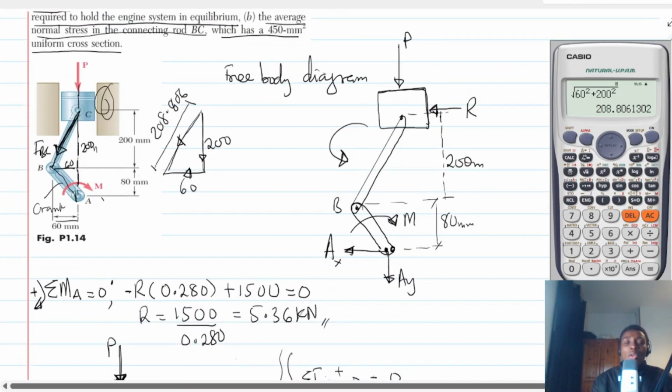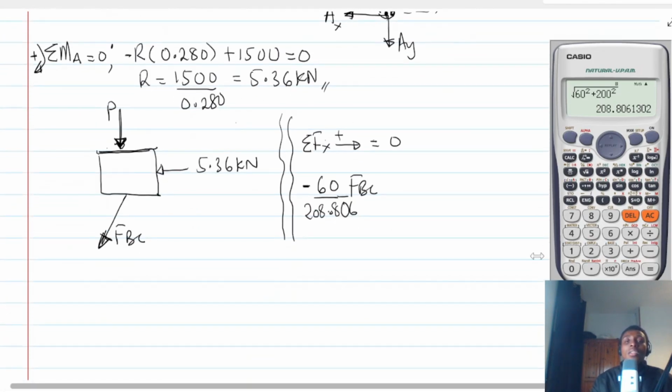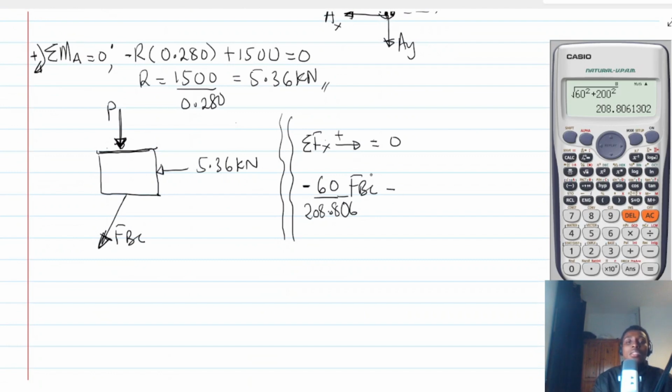So in fact, this is the x component of FBC, and then minus 5.36, because that is also coming this way, to be 0.